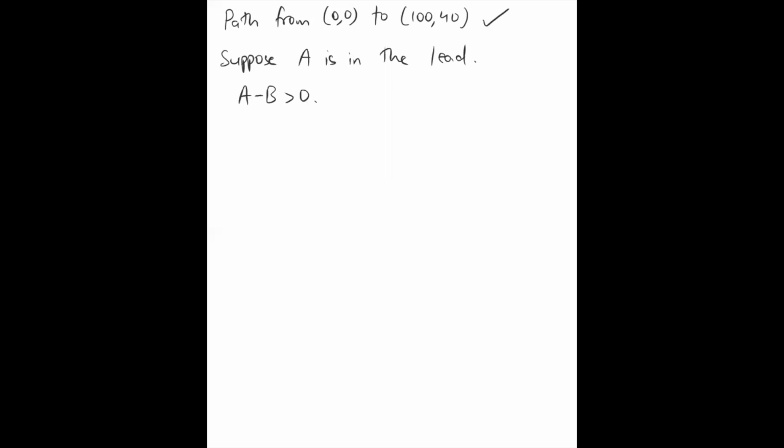It is the same as saying A is in the lead. And what we are looking for is A is always in the lead. This is what we are looking for.